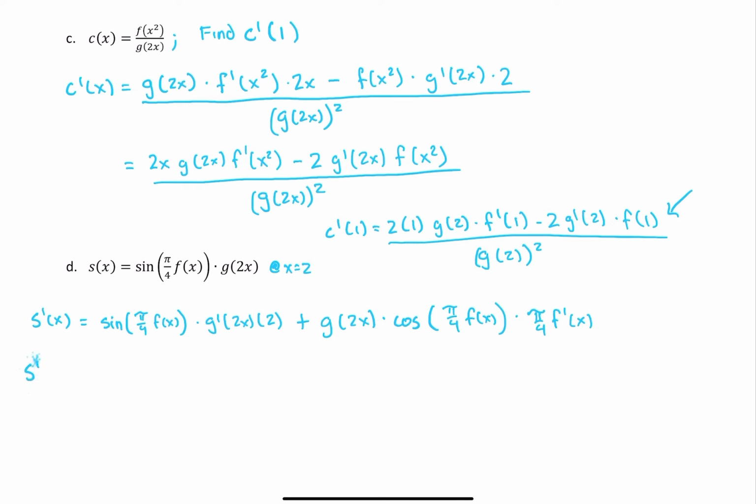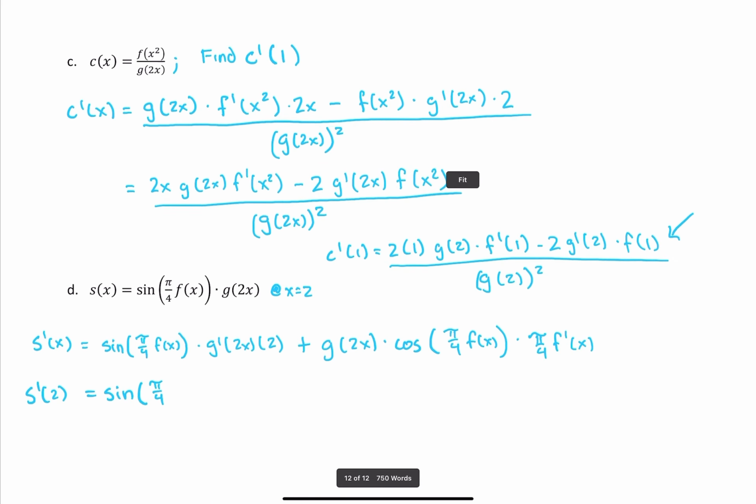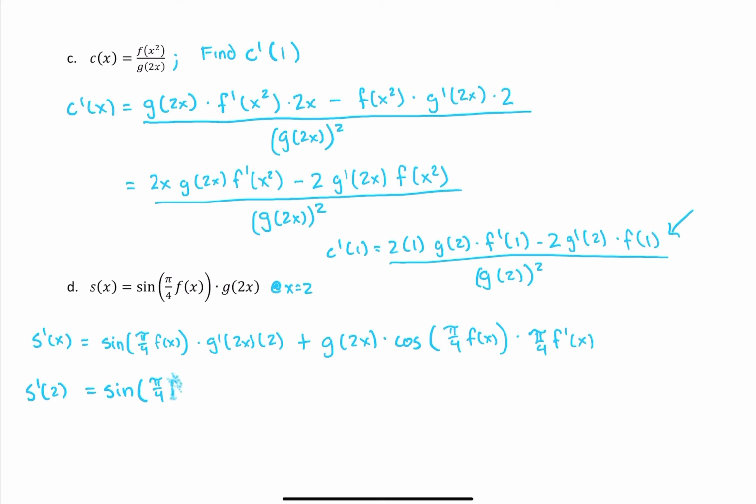So if we simplify, we'll say s prime of 2 is going to equal the sine of pi over 4 times f of 2. Now f of 2 is 3, so we'll actually write f of 2 times g prime of 2 times 2 is 4.